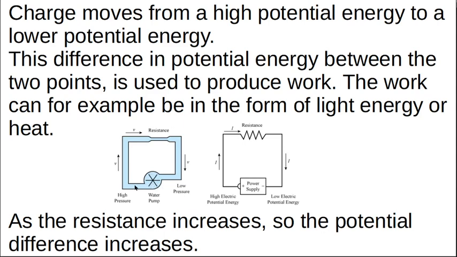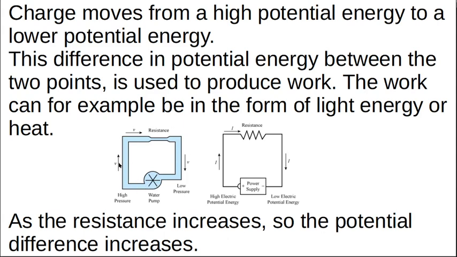If you pump that water out and put it through a resistance, the pressure will change and it'll come back at low pressure. The same with current. If there's a high potential at the one end of your battery, it pushes the current out. As it goes through the resistance, it comes back with a lower potential energy. So this hose pipe theory works.